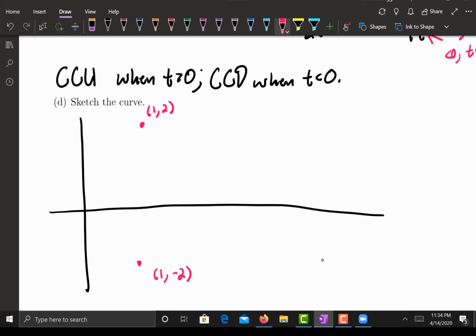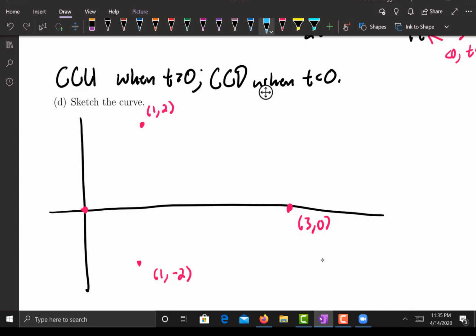Keep in mind that those are my points where I should have a horizontal tangent line. I also know that at the origin, I should have a vertical tangent line going through that. And I'll go ahead and put (3, 0) to note that I am going to be passing through that point eventually when t is either positive or negative square root of 3.